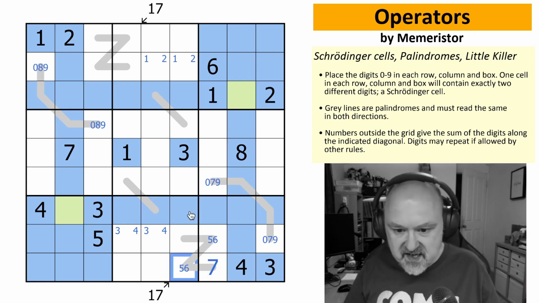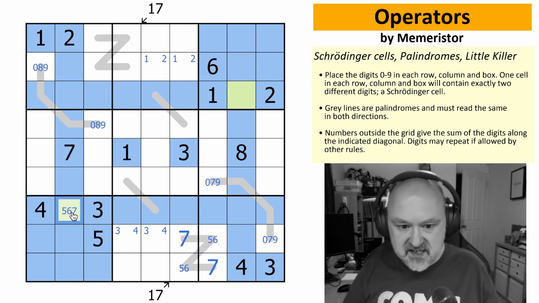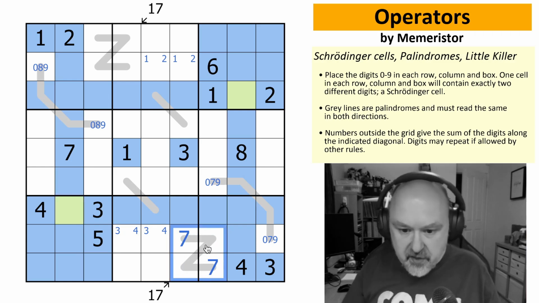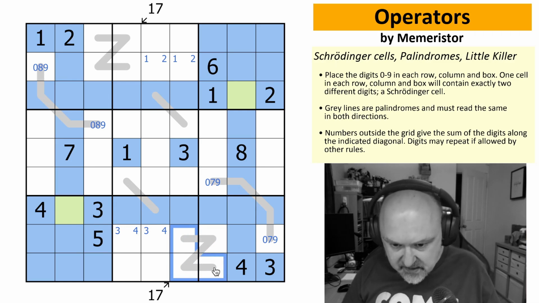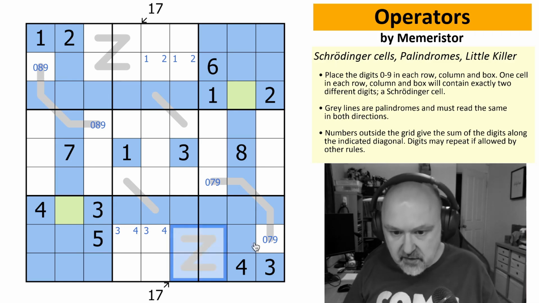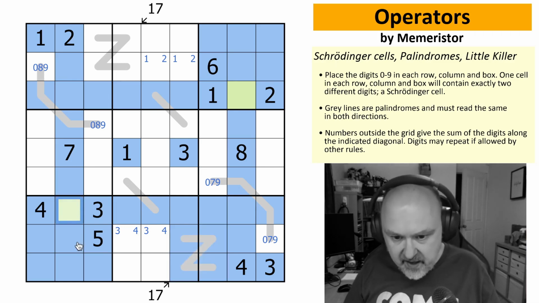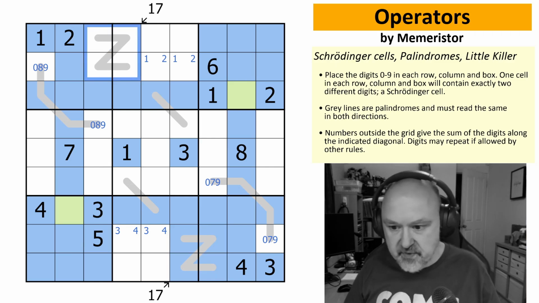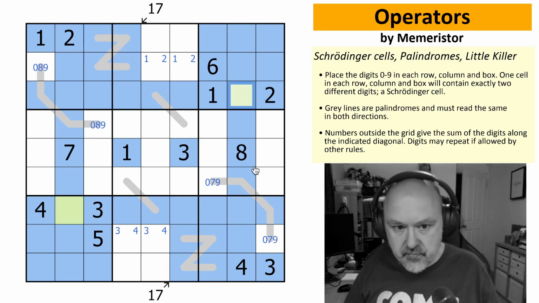Because this would be 5, 6, this would be 7, and then what went in here would need to go in there, and this would need to be 5, 6, and 7, and a Schrödinger cell cannot hold 3 digits. So we know that these cells cannot be Schrödinger cells because there's no room there. And these cells cannot be Schrödinger cells because there's no room there. Which means that these two cells are Schrödinger cells.